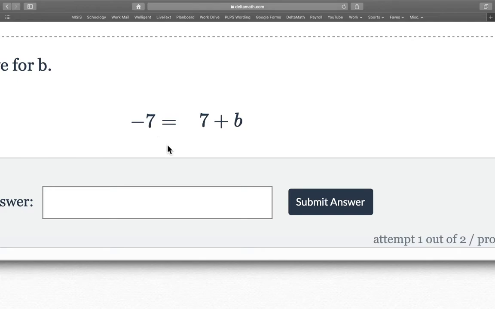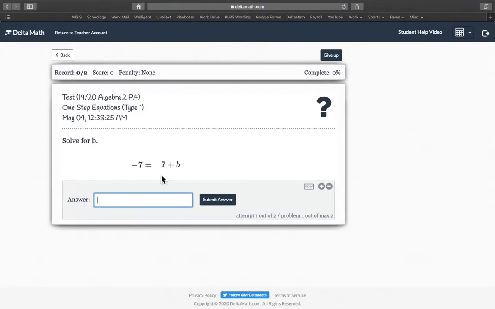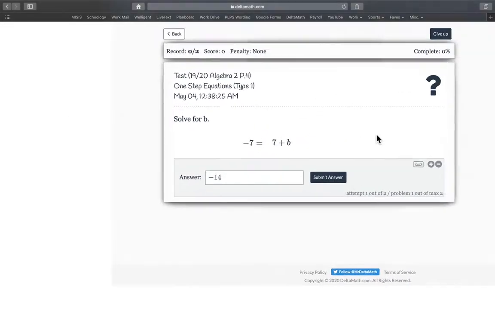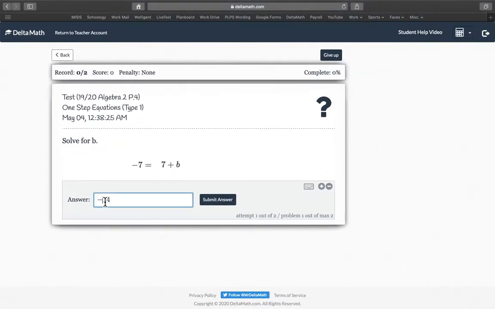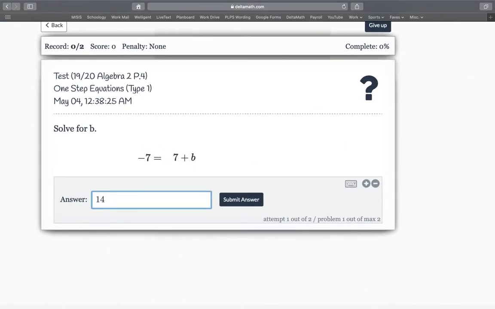So we add. 7 and 7 is 14, and they're both negative, so the answer would be negative, right? So the answer here is negative 14, right? Now I know that's the right answer, but let's say that you accidentally put in positive 14 or an answer that's not correct.